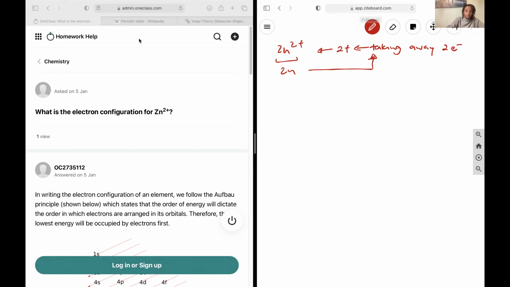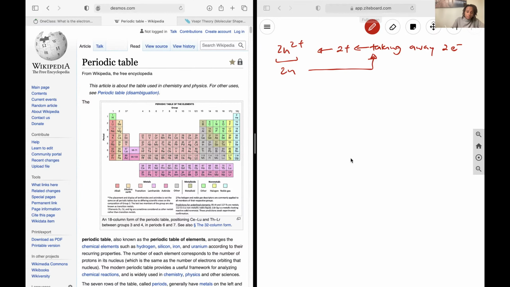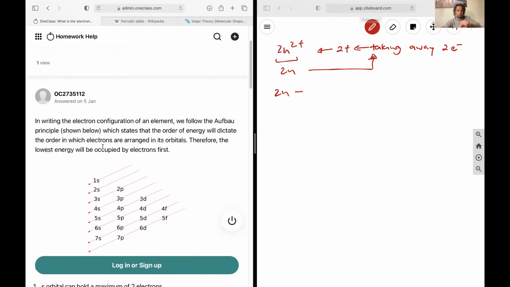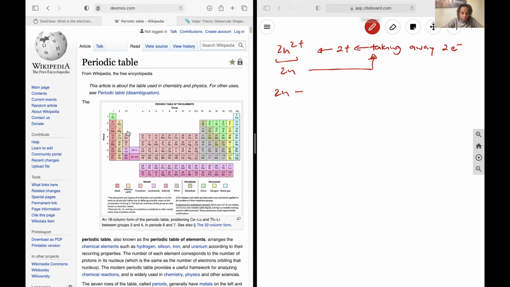And so I look at the periodic table for the electron configuration of zinc. And so let's find the zinc. So it's right here.